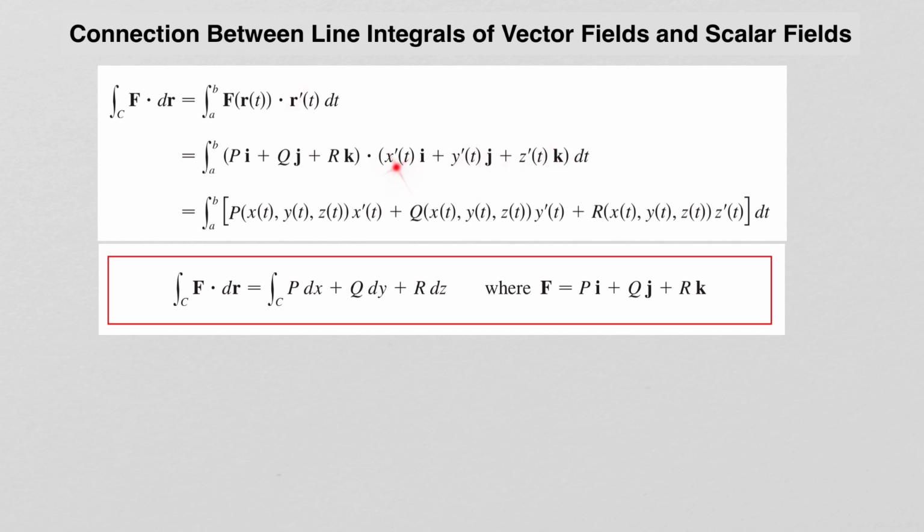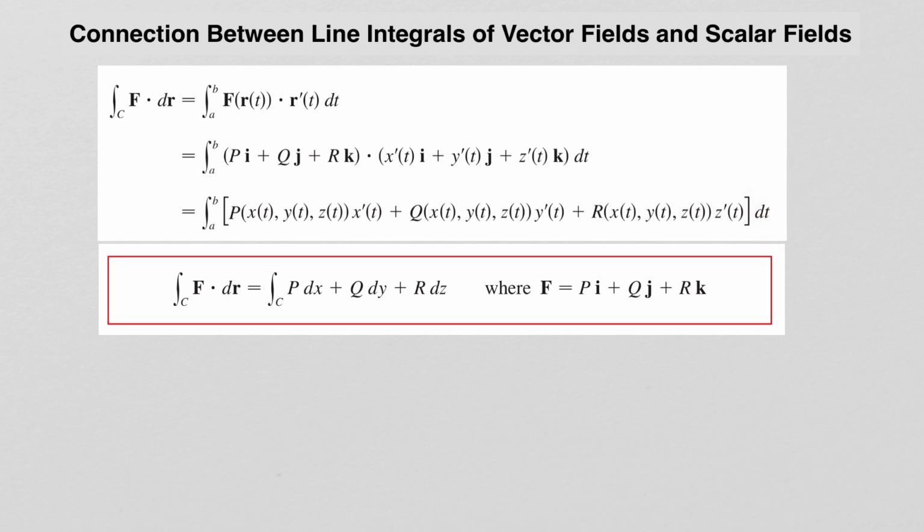r prime is x prime of t times i plus y prime of t times j plus z prime of t times k. And that dot product is simply going to be p of x, y, and z multiplied by x prime of t, and then q of x, y, and z multiplied by y prime of t, and r of x, y, and z multiplied by z prime of t, all with respect to t.